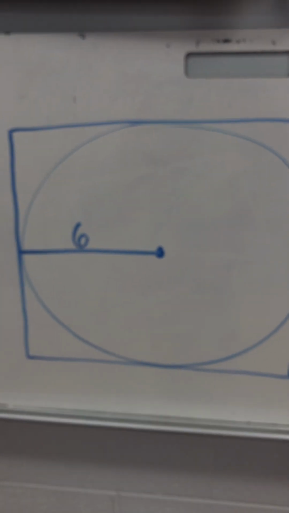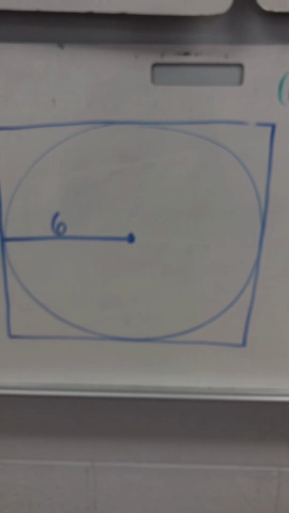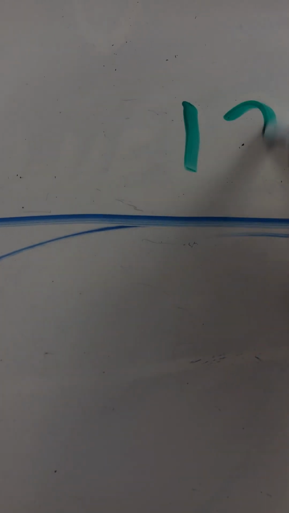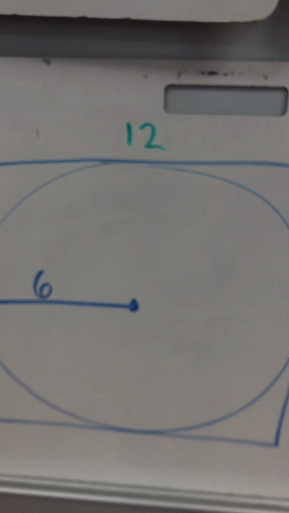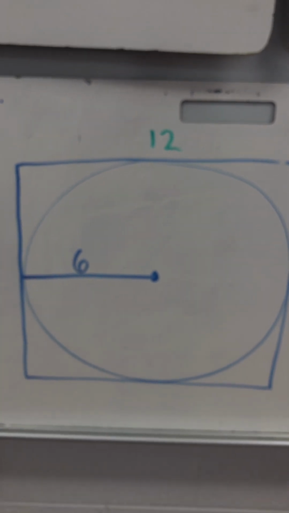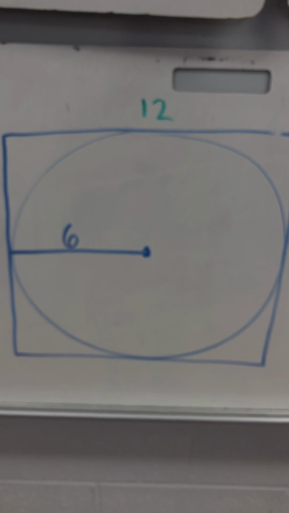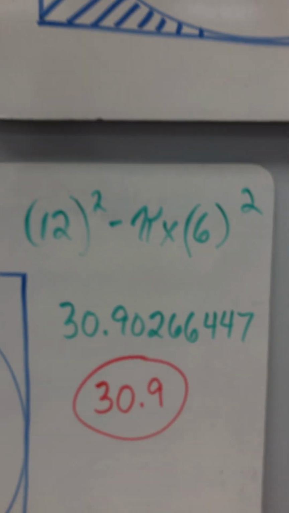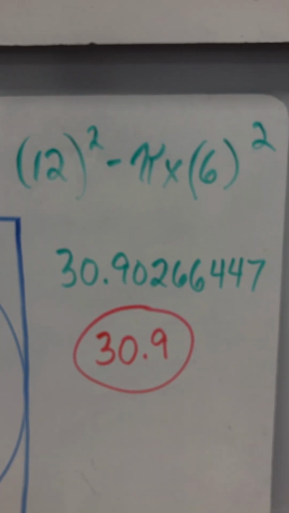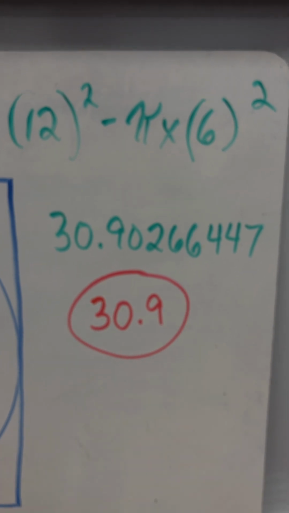Here, once again, I'm given the radius is 6. Doesn't that mean the length of one side will be 12? So I'm going to do 12 squared minus pi times 6 squared. And I'll get 30.90 or 30.9.